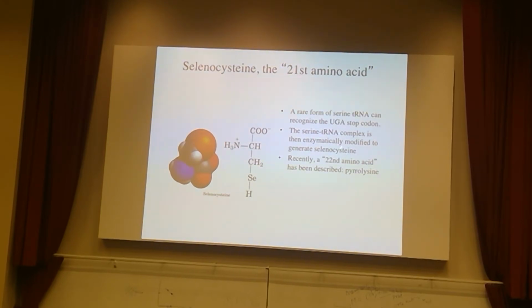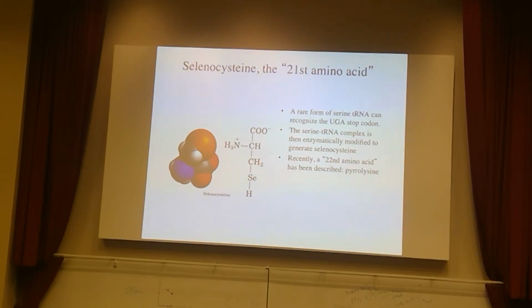This is created by a serine loaded onto a tRNA that recognizes that stop codon. And then that whole complex, there's an enzyme that goes in, pulls off the hydroxyl group, replaces it with selenium to make this really bizarro amino acid, selenocysteine.